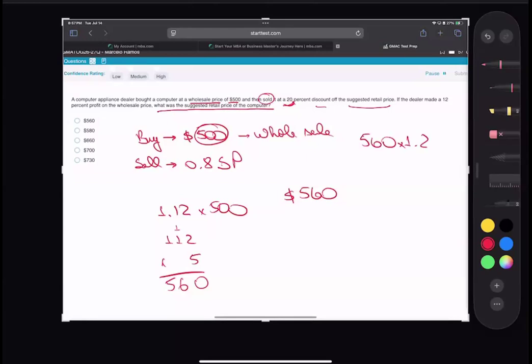Okay. Or not? Okay, 20% of 560. Can I do that? 10% is 56, 20% is 112. Plus 560. Is that it?